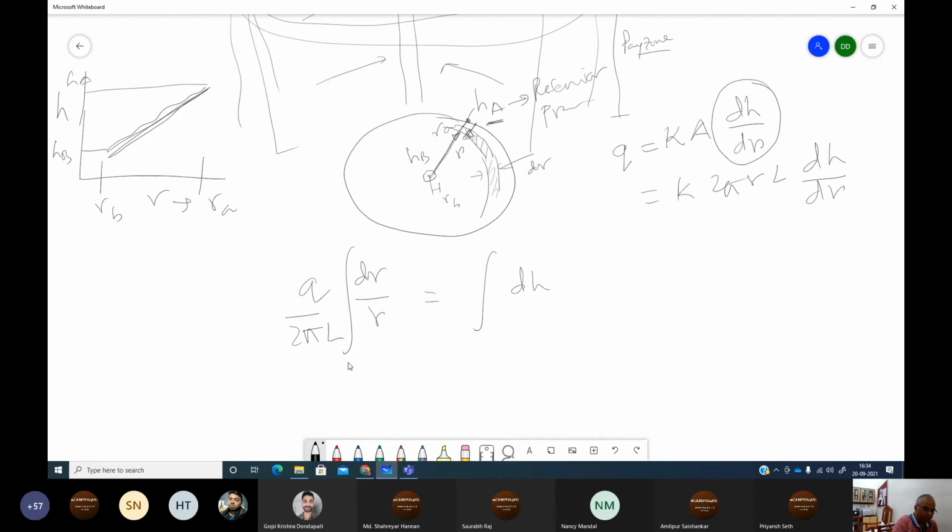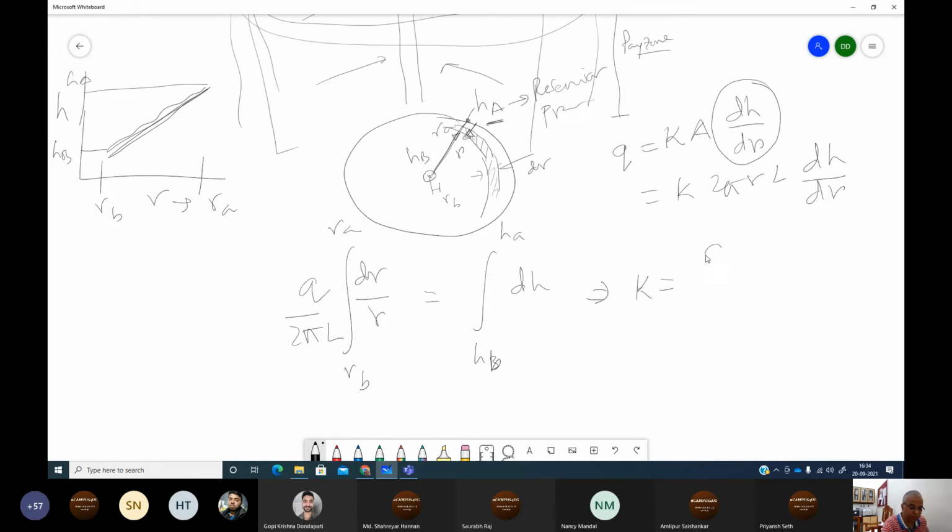Now when r equals RB, this is HB, and when r equals RA, this is HA. So we will find here, this is with the log, and you can do it very well.